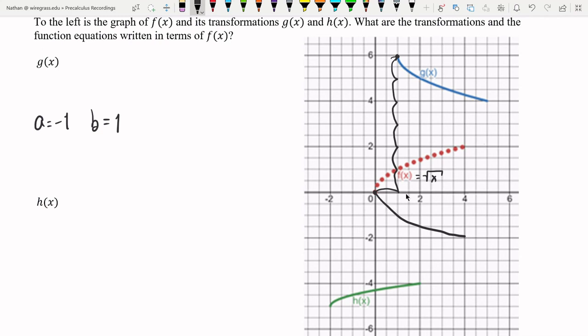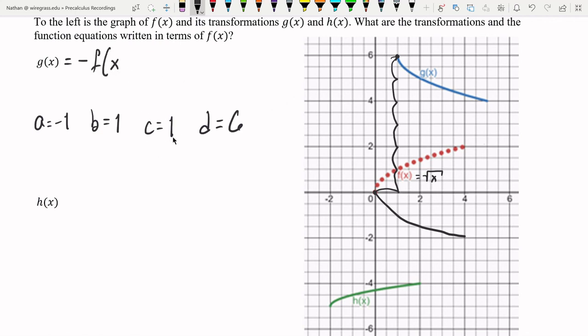It's been shifted over by 1 unit, and since B is 1, that means C must be 1 as well, because C divided by B is 1 over 1, so 1. And then we know it's been shifted upward by 6 units, so D must be 6. So if the original function is f of x, that means this one must be negative f of x.